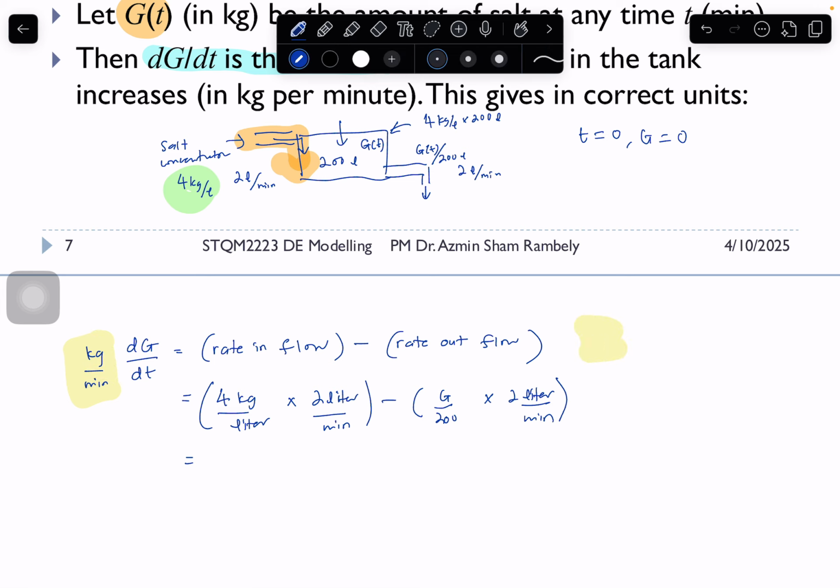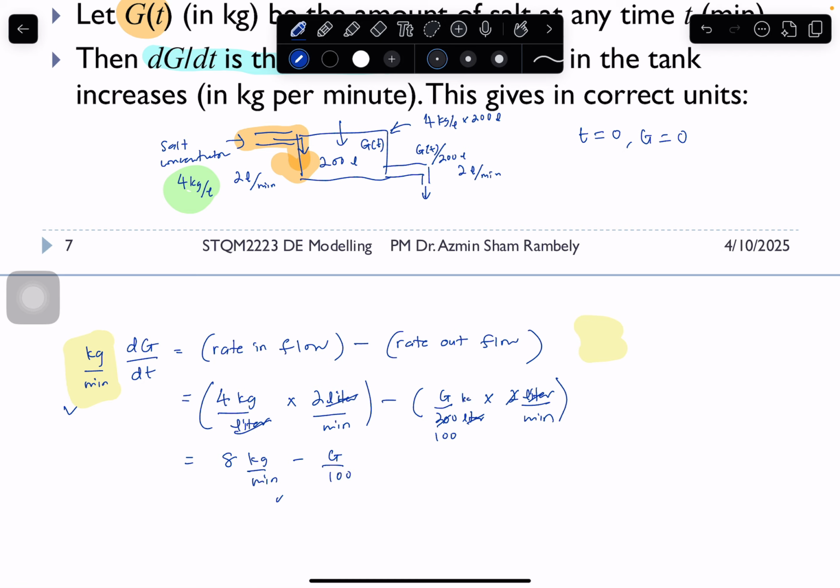Okay, we'll see. So this is liter. We have 4 multiplied by 2, which is 8 kilogram per minute, right? So that is correct. Minus, 2 over 200 is 1 over 100. So liter cancels out liter, and we have G in kilogram, so G over 100.